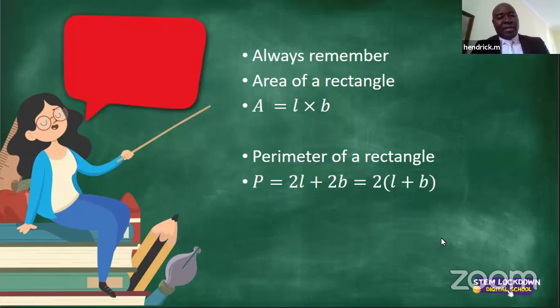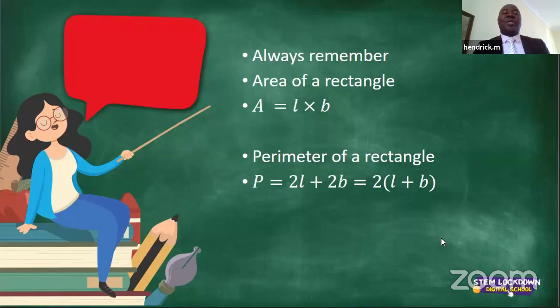The definition of the perimeter doesn't change for all polygons. It's the same definition: the distance around the edge of a shape. The only difference is the perimeter of a square will not be the same as the perimeter of a rectangle.